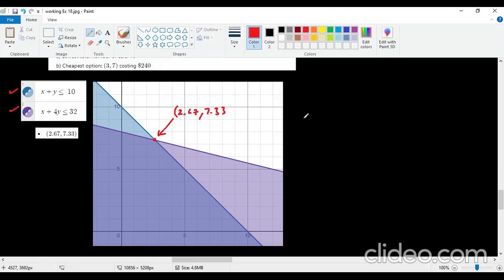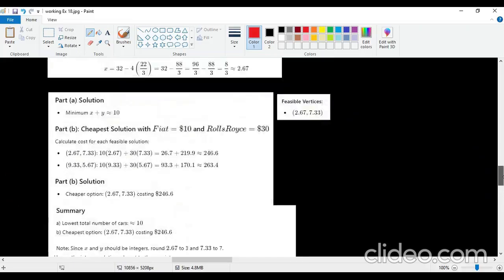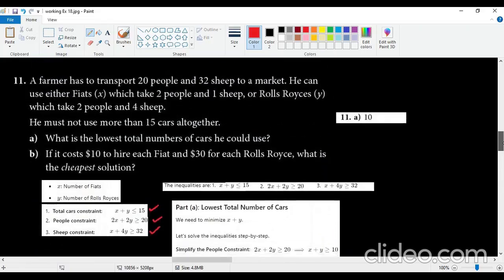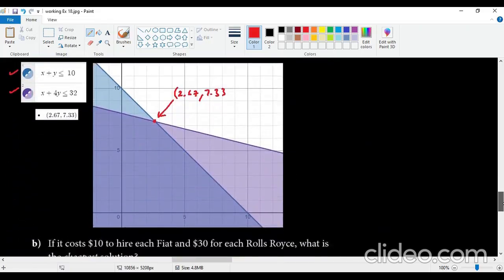So altogether, if I make it something like this, if I keep 7 Rolls Royce and 3 Fiat, it's going to be 7 plus 3, which is going to give us 10 cars.